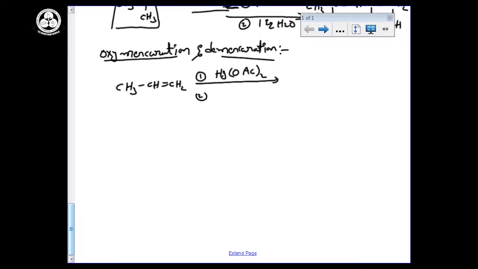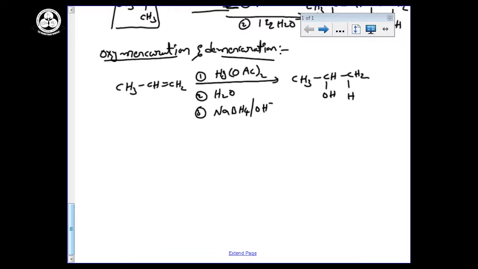Second one is water, and third one is NaBH4 in presence of base. Here we are following the Markovnikov rule. CH3, follow the Markovnikov rule and tell me the answer. So OH will be here and hydrogen will be here.